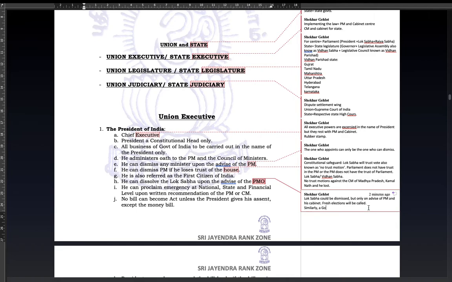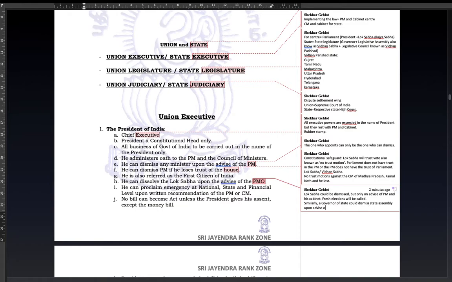And similarly, a governor of a state could dismiss the state assembly upon advice of the CM and cabinet. Okay, so whatever roles the President of India is functioning in relation to the union, the governor of any state carries out those functions in relation to the state government.